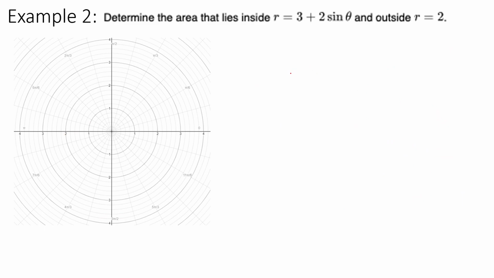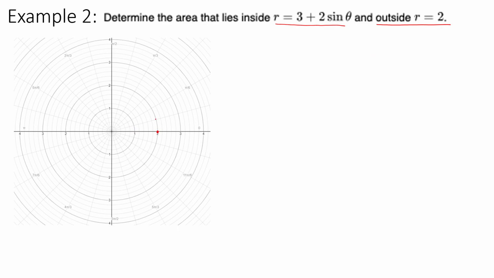Okay, so let's try to solve again. If you look at your equations, we graph first before we determine the area. So let's graph r equals 2 first. Meaning the radial distance is 2 automatically all throughout the angles.